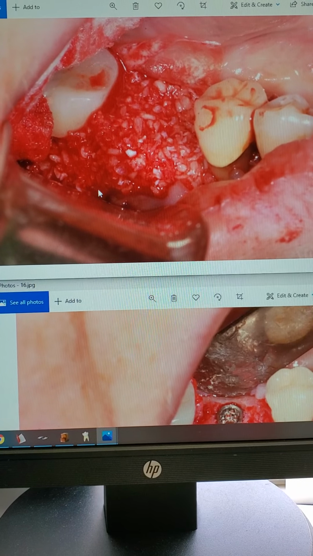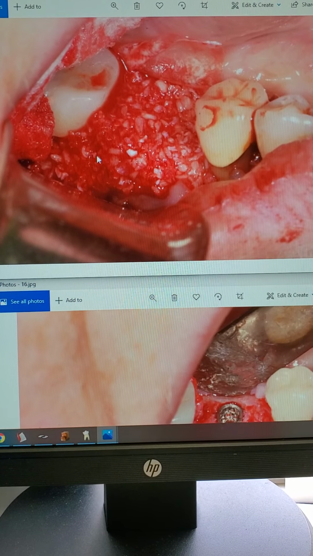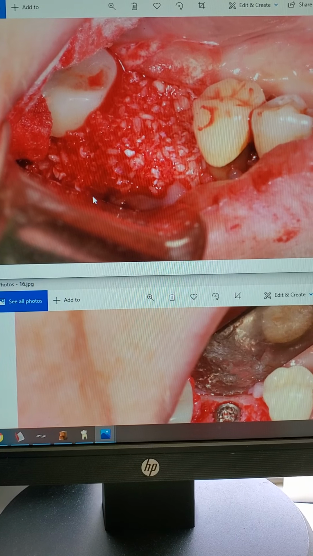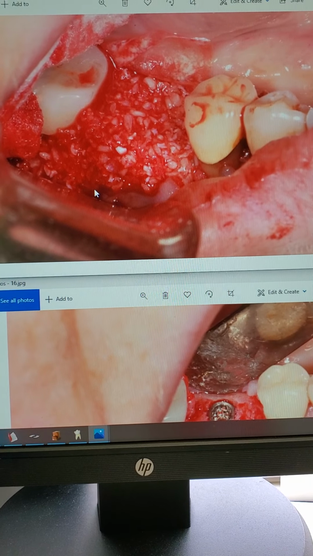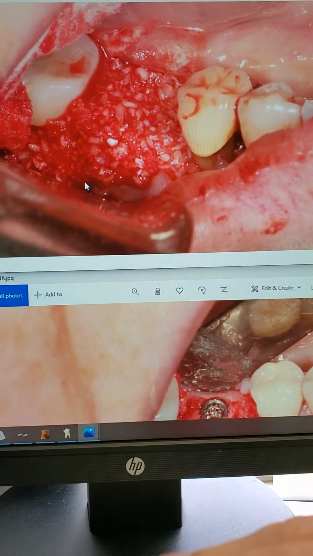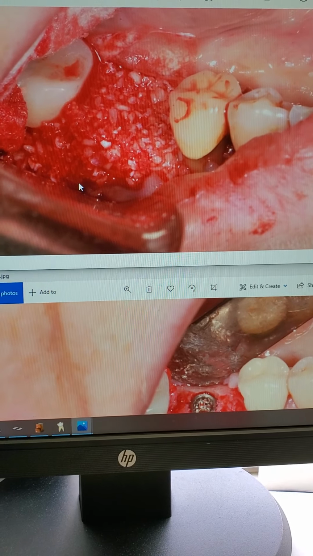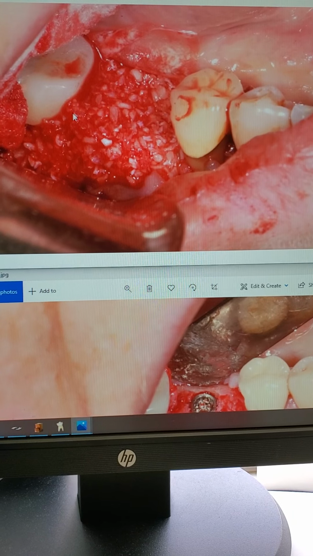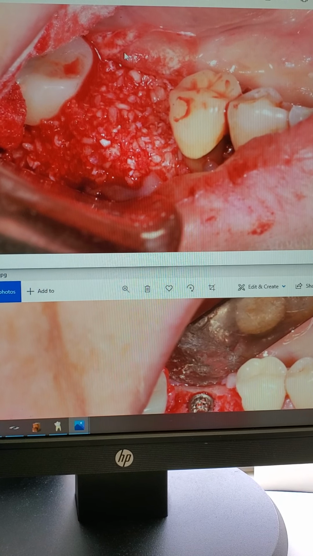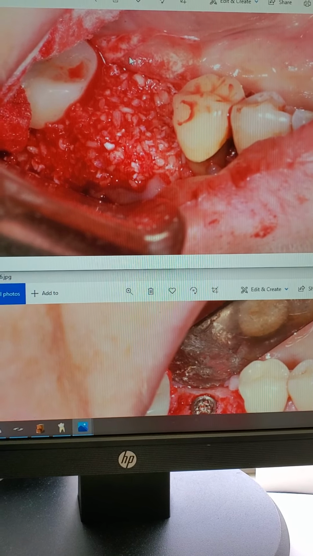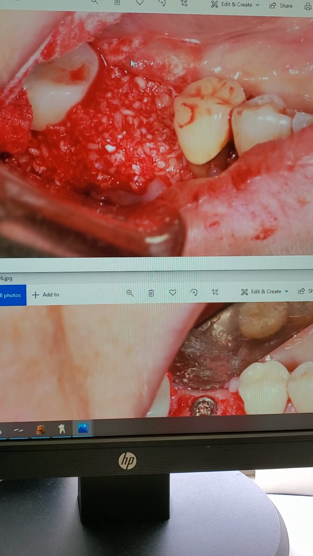And when I put my resorbable membrane on top, I will very gently push the bone slightly upward from the apical part, going up coronally, because that's where we need the most bone. Then shaping the membrane is critical, making sure the membrane covers it perfectly, going beyond the defect.